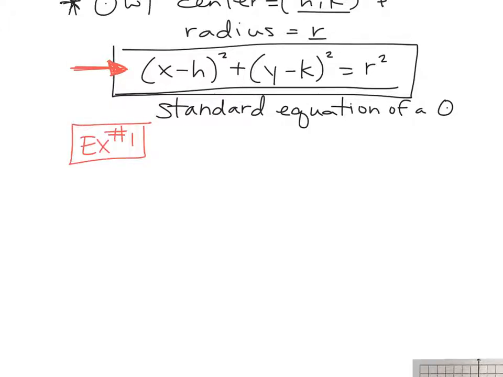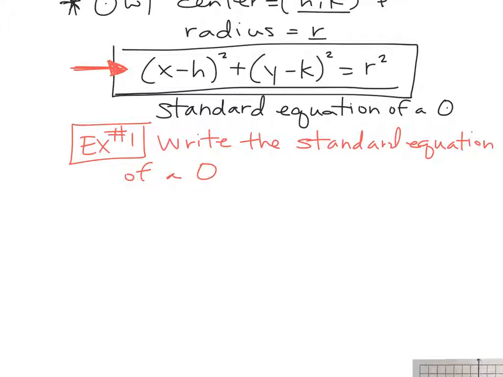All right, so here's what you're going to do. They're going to give you the question or the prompt: write the standard equation of a circle with center (5, -2) and radius 7.